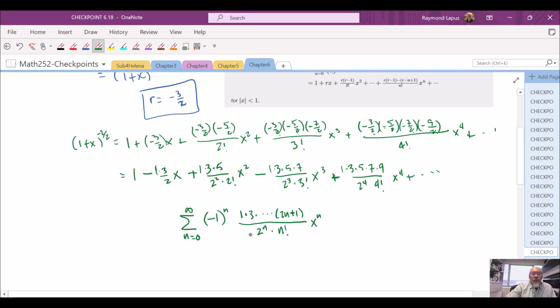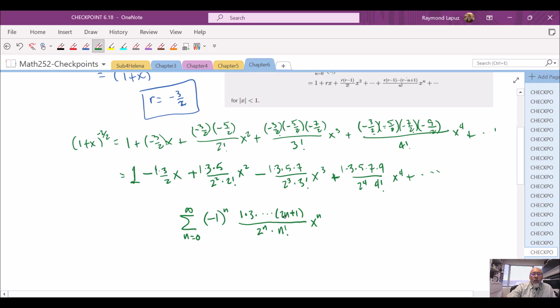All right, so we can verify that by putting 0 in. We're just going to have 1 in the numerator, and then 0 factorial is 1, and then x to the 0 is going to be 1. So the whole thing is going to be 1, so that checks out. When we put n equal to 1 in here, this will be negative, because -1 to the first power is -1.